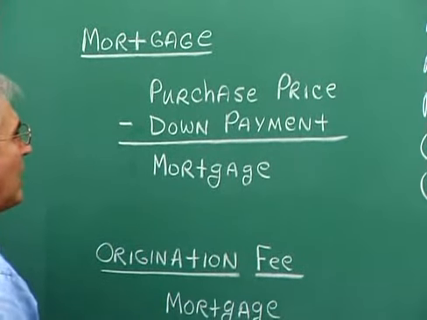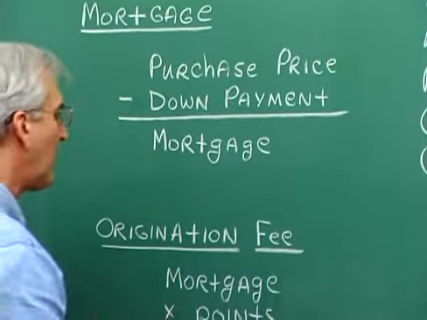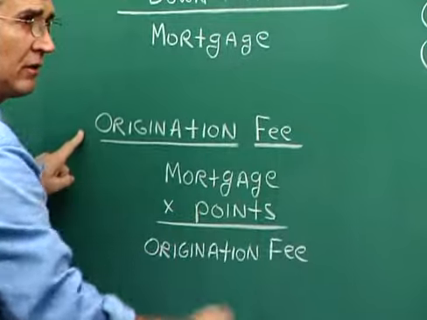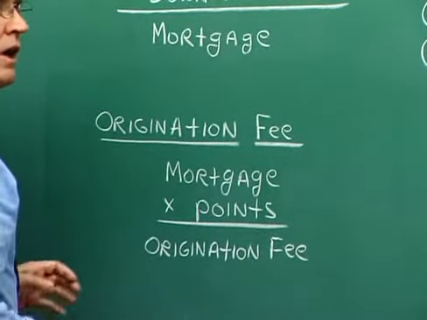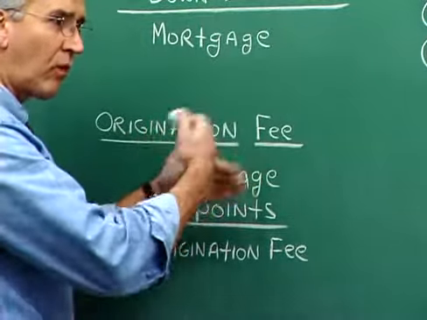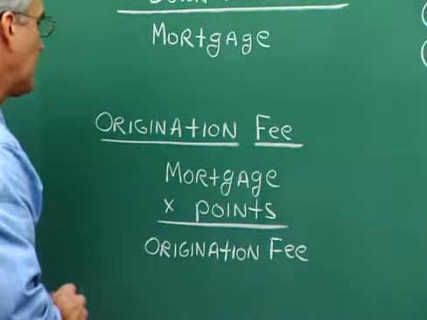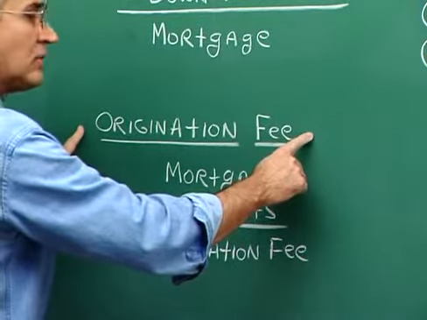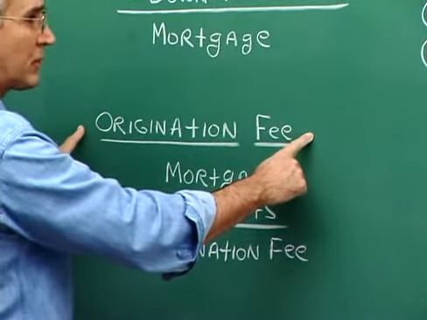Let's talk first, though, about another expense in this process. It's called an origination fee. Banks and other lending institutions will often require that a person pay a fee for the whole process, the paperwork process in creating this mortgage. And the origination fee is also based upon a percent.